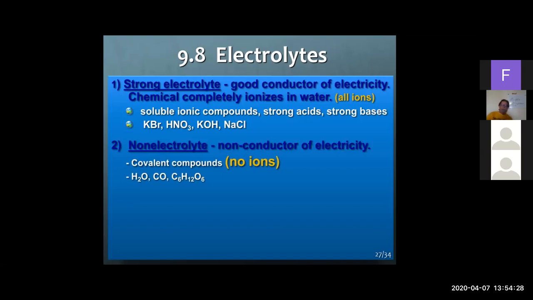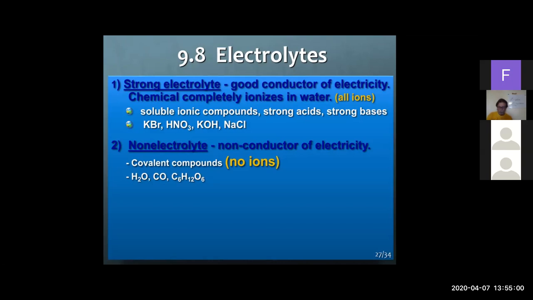The non-electrolytes are compounds that, when you put them in water, do not dissociate. They stay intact. Most of the time, these are covalent compounds. So when I put water in water, it stays H2O. Carbon monoxide or carbon dioxide in water, the structure remains intact.